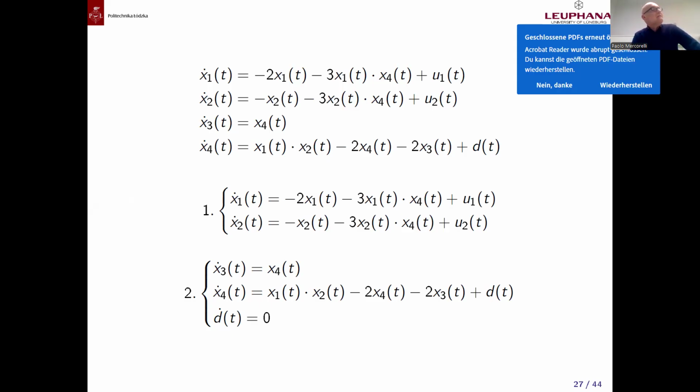Of course, if I start from a physical system, the most suitable way to split or to cascade the system is to respect, in its representation, the nature of the subsystems. I mean, in an electrical motor, we have an electrical part and a mechanical one.